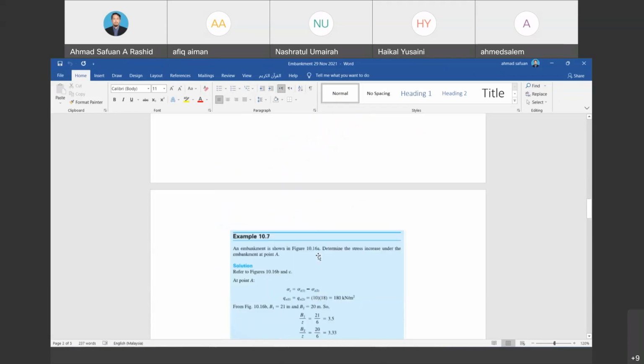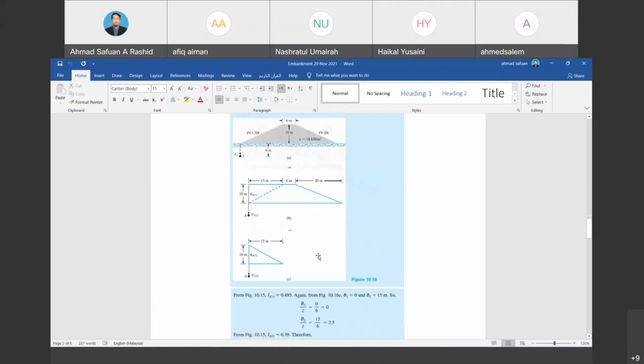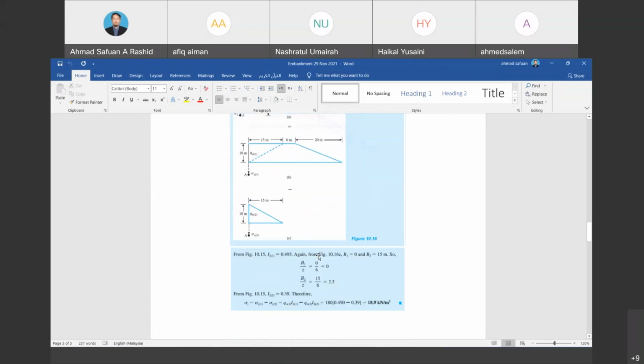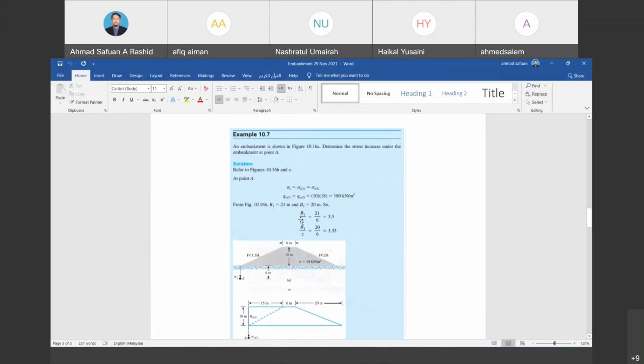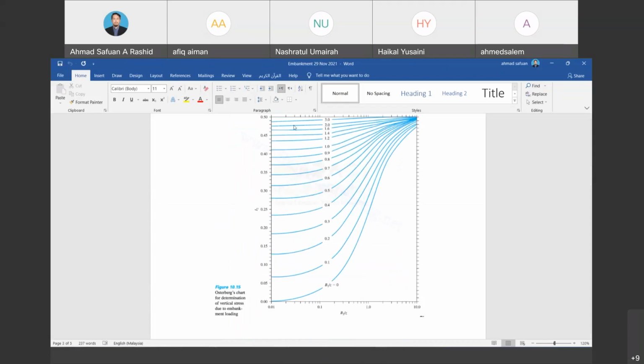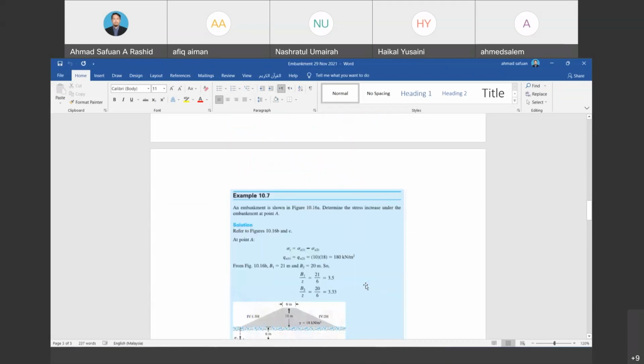For the first 1016B, the I2 will become 0.495. You may check later by looking at this diagram, or we can try.